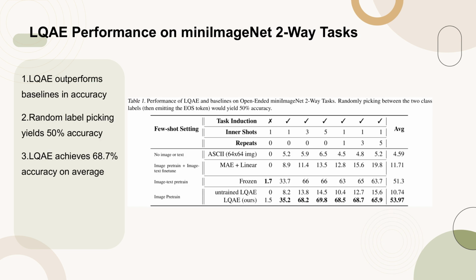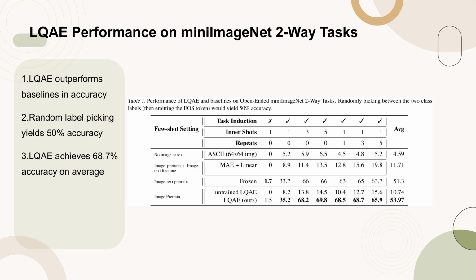Table 1 presents the performance metrics of LQAE and various baselines on the open-ended mini-ImageNet two-way tasks. The table highlights that randomly selecting between the two class labels results in a 50% accuracy rate. In comparison, the LQAE model demonstrates superior performance, achieving an average accuracy of 68.7%.